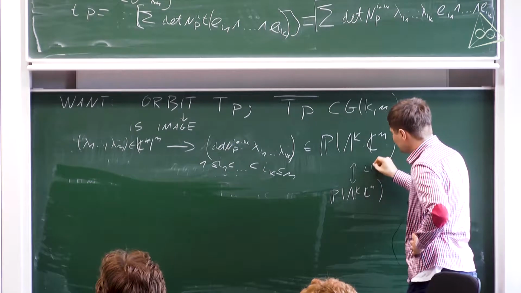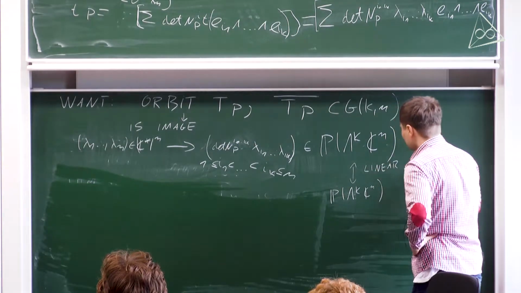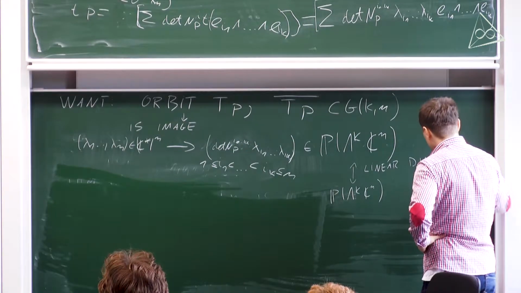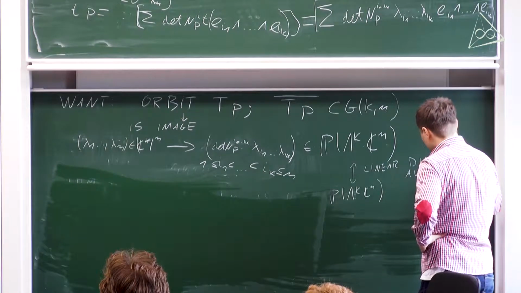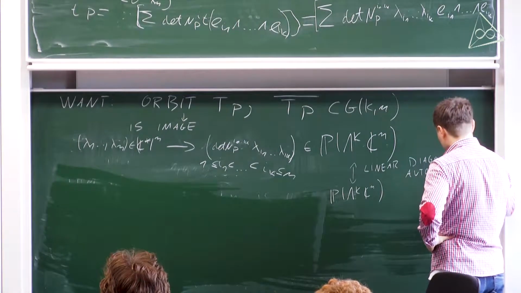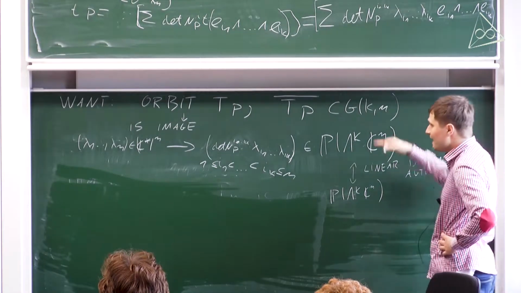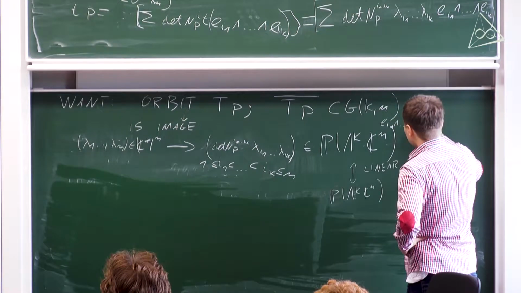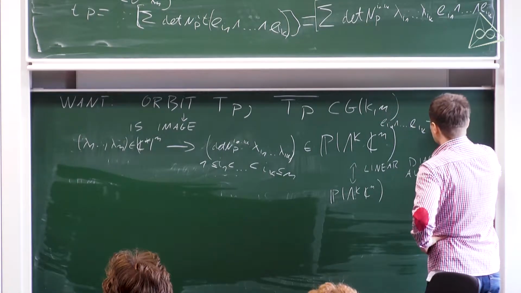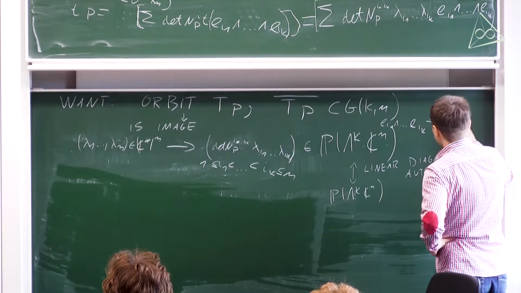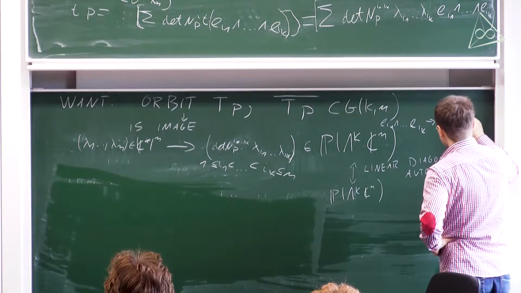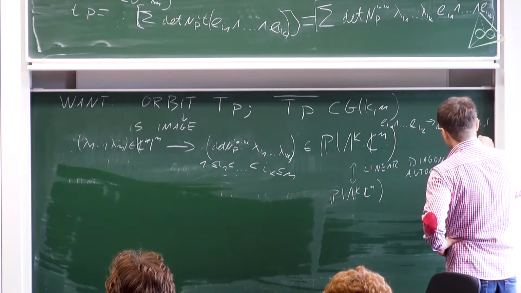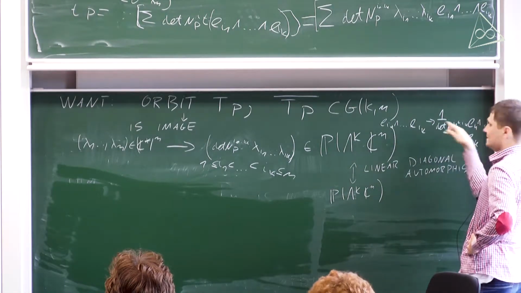A map that just sends e_{i1} wedge ... wedge e_{ik} to 1 over the determinant N_P,i1...ik times e_{i1} wedge ... wedge e_{ik}.